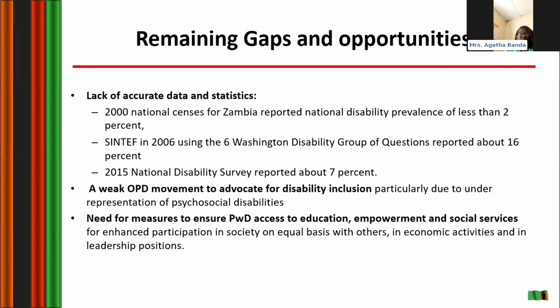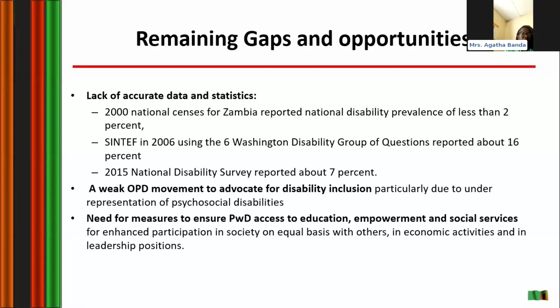So those are some of the gaps that we continue to experience, and it still poses a challenge for us as an agency to receive statistics from service providers, whether in the public or the private sector, in terms of the social protection services that are being provided to persons with disabilities. So there's need for measures to ensure that persons with disabilities have access to education, to empowerment and social services.